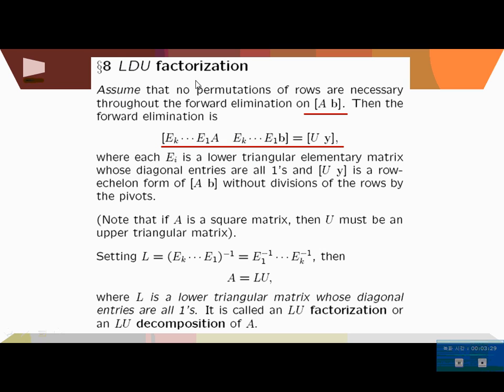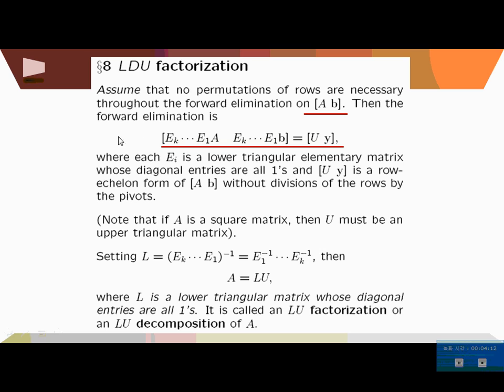Now we start the LDU factorization. As you know, the LDU factorization can be done by Gaussian elimination. If you do the Gaussian elimination on the augmented matrix, then Gaussian elimination is the same as multiplying the elementary matrices on the left-hand side.